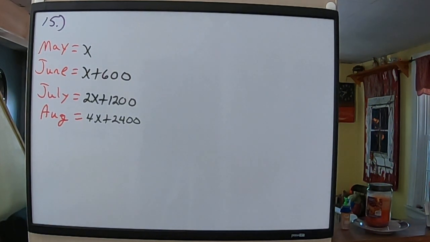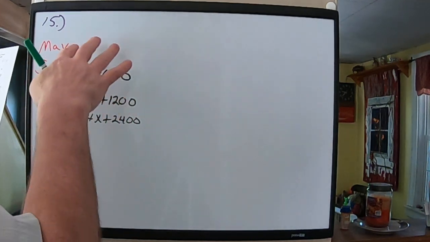Next part is to solve, set up an equation. And it says the sales total was 20,200 for the 4 months. So the total of all these are the sales.